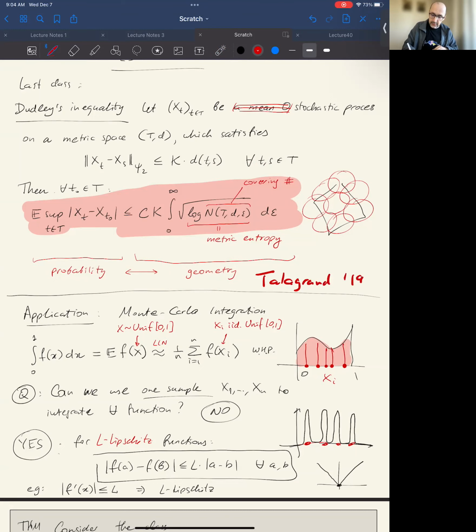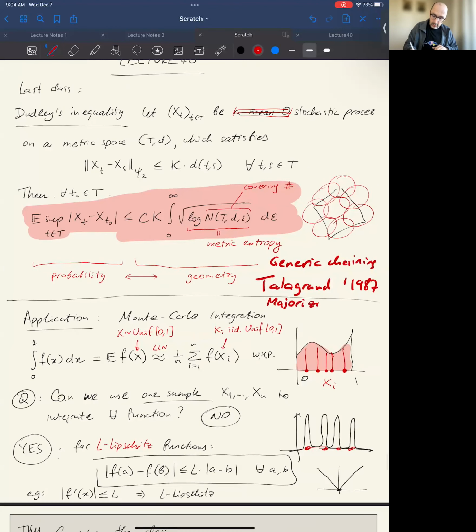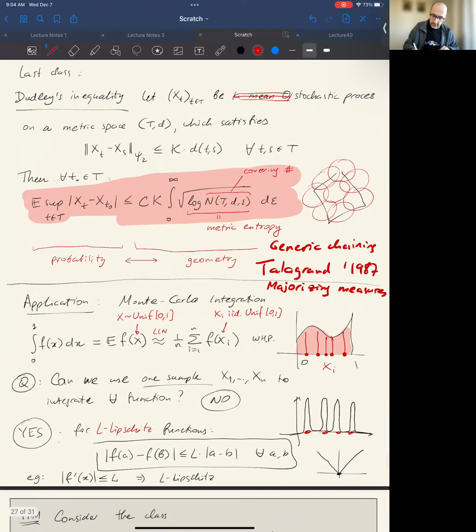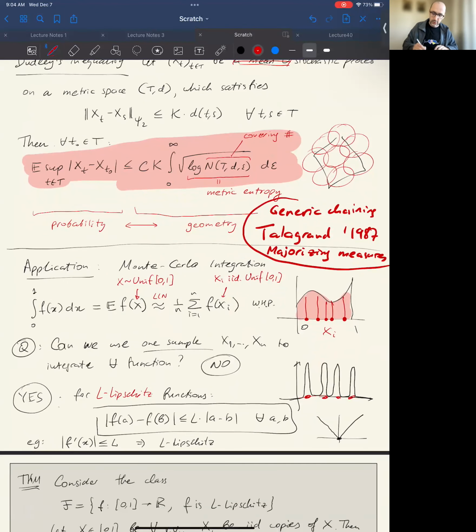By Talagrand in 1987. The keyword is generic chaining, or majorizing measures. Those are the keywords related to the solution of Talagrand. The functional that controls T is called the gamma functional, gamma 2 functional.